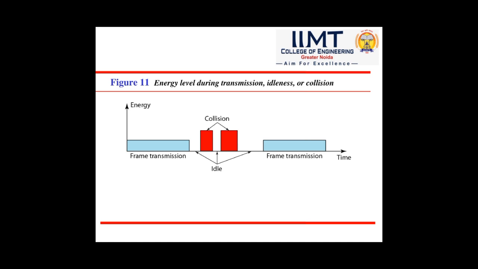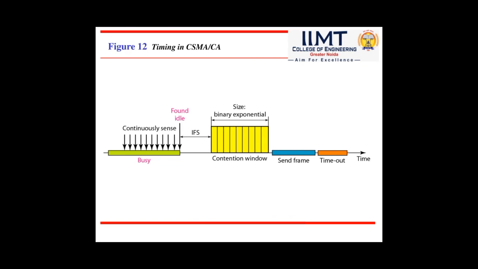So it sends its jamming signal to the station again. Now CSMA/CD is used for wired transmission, but when we talk about wireless transmission, we cannot use CSMA/CD, because during wireless transmission, when a collision happens, the voltage differs only slightly and it is not easily detected.